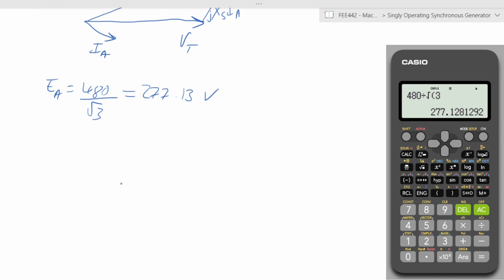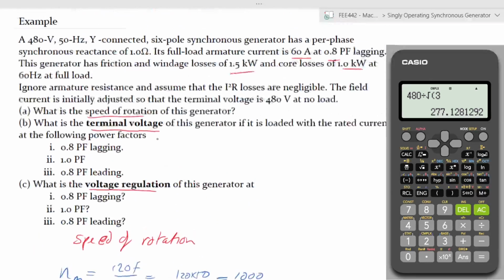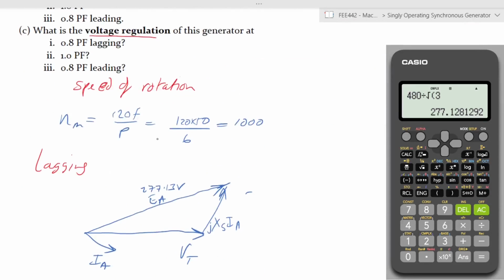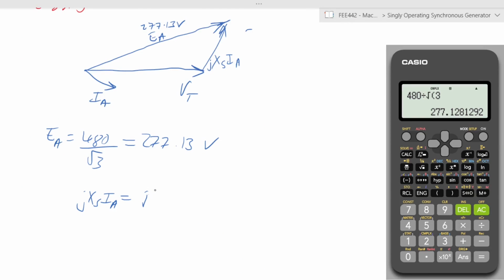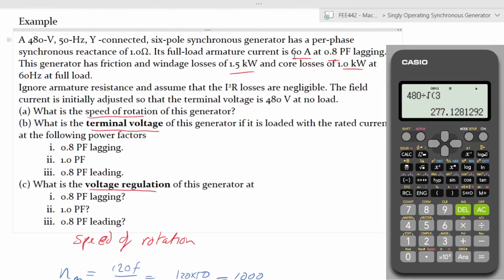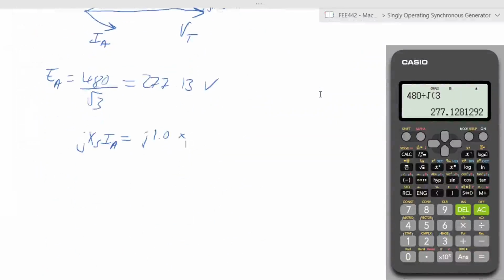Now, what are the values of JXSIA? This will be given by J times XS is 1 ohm, times IA. What is IA? IA is 60 amps at 0.8 lagging. 60 amps at 0.8 lagging.